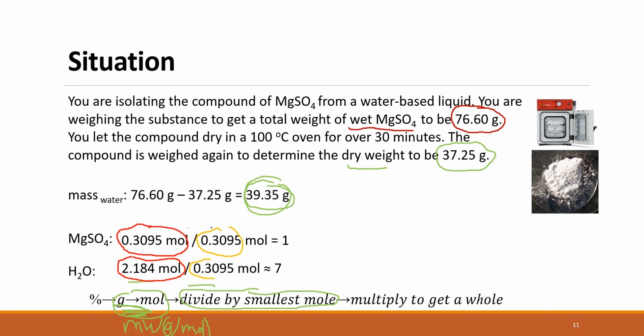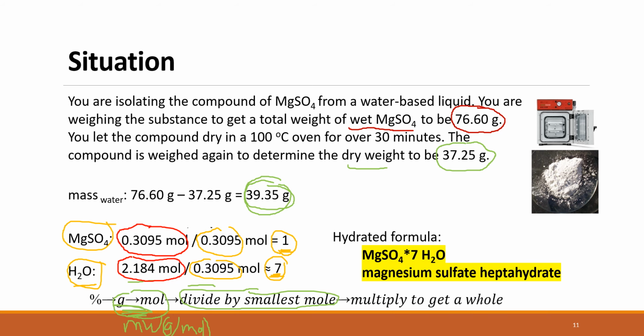So we're going to get a whole number of 1 to represent the ratio of the magnesium sulfate, and a whole number close to 7, looks like we're rounding, for the water. So that means for every 1 molecule of magnesium sulfate we have, we're going to have 7 water molecules trapped in its crystalline structure.